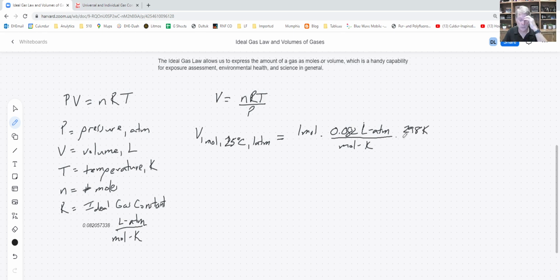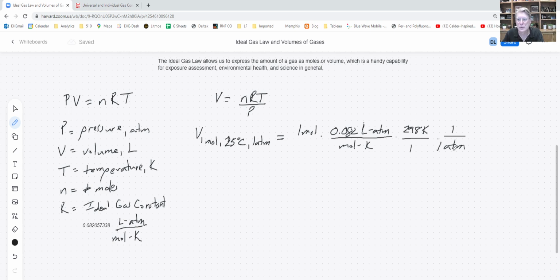And remember, to go from Celsius to Kelvin, it's 273 plus the Celsius degrees. And then we divide through by the pressure. We're doing this at 1 atmosphere.